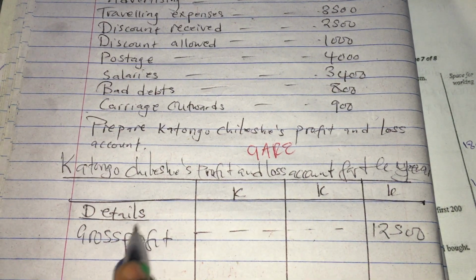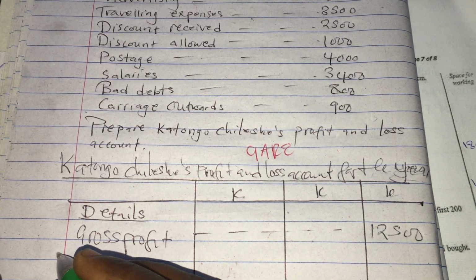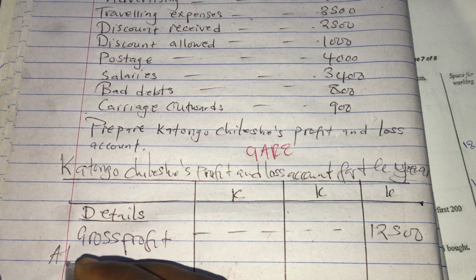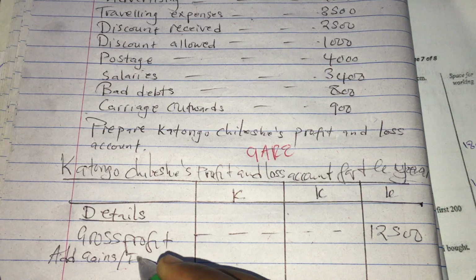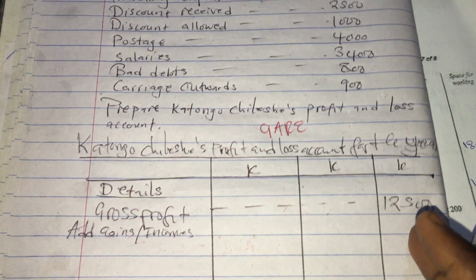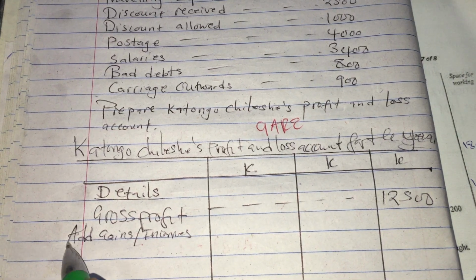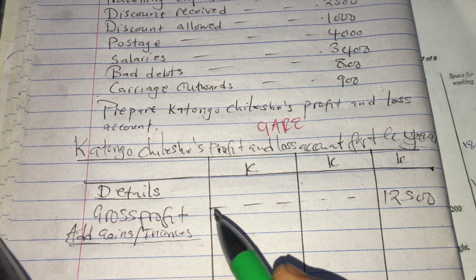Then now after writing this, you add gains and incomes. Add gains and income simply means anything that deals with what is received.